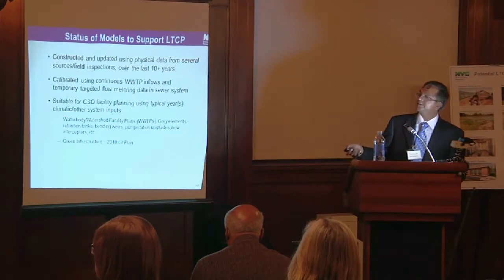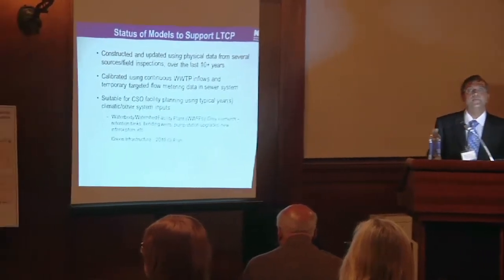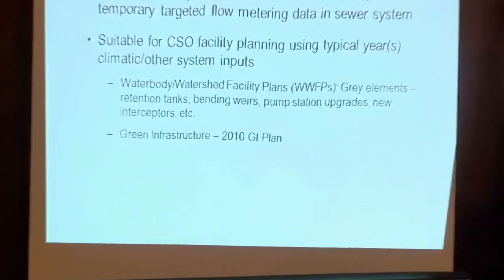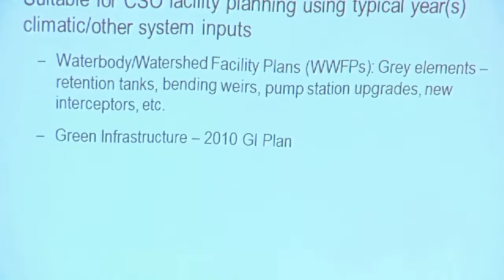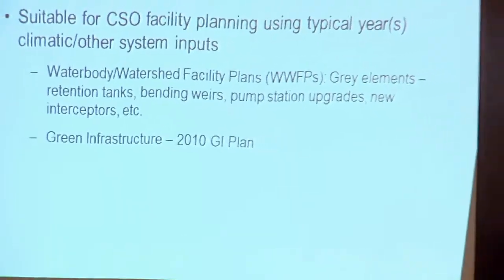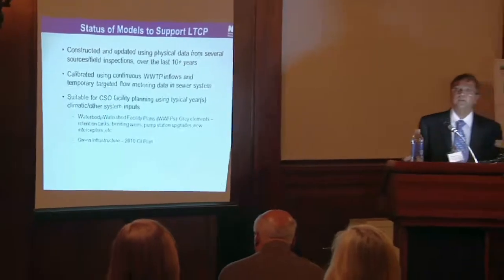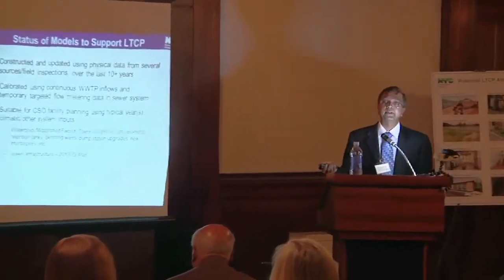These models have been used to set up what we call the waterbody watershed facility plans for each of the waterways. These have been approved by the DEC, and we are using them as the foundation to develop the next step of long-term control plans. These models have also been used for the green infrastructure evaluations that you are familiar with from our 2010 Green Infrastructure Plan.